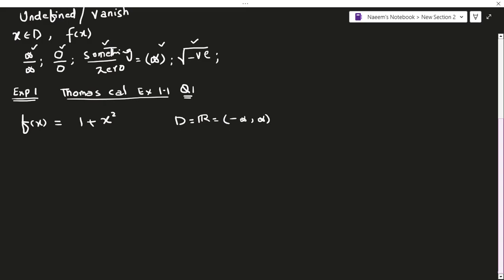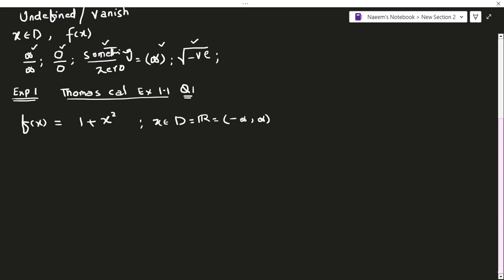You have to take x from this set, plug it into f of x, and see where f of x attains any one of the following forms. So there is a simple rule: choose any element, put it in f of x, and check the form. But I will give you a trick.